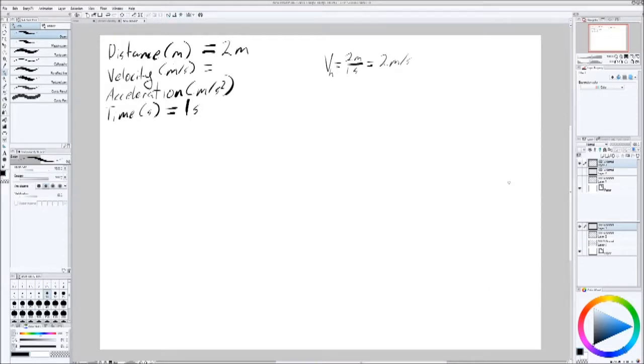Now, one thing, when you think about the acceleration, what is that actually going to be? So if we think about, let's say you've got a person standing there, actually we'll do that on a new layer. Let's say you've got a person standing there, and they're holding a ball of some sort, and then they let go of it and the ball begins to fall.